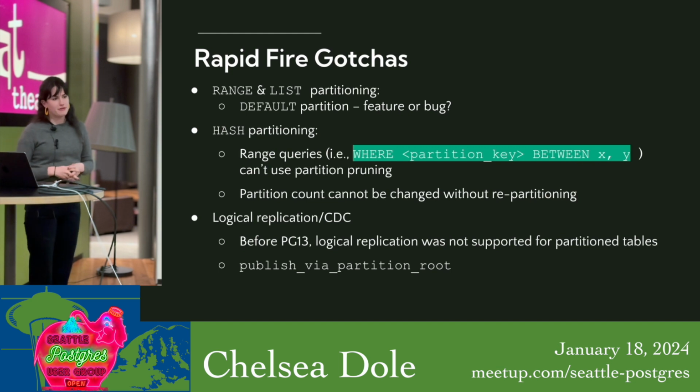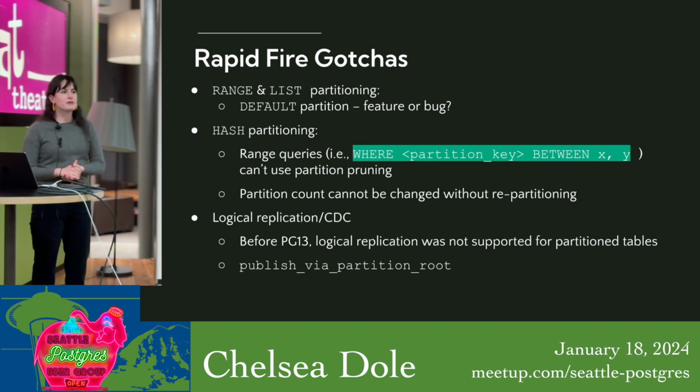Some other rapid-fire gotchas that you might consider are, for range and list partitioning, the default partition. Default partition, I think, is a net positive because it prevents the errors, basically prevents your mistakes as a DBA from causing somebody to not be able to create an account, for example, or pushing it onto the application.